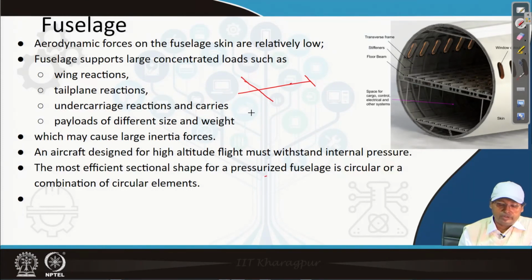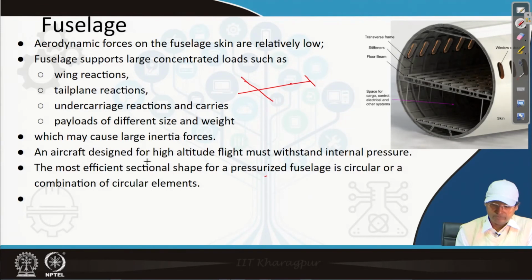It was not on the wing like the previous schematic diagram we have seen in the last slide, which may cause large inertia forces. Because of the huge mass carried by the fuselage, it will definitely create inertia forces.